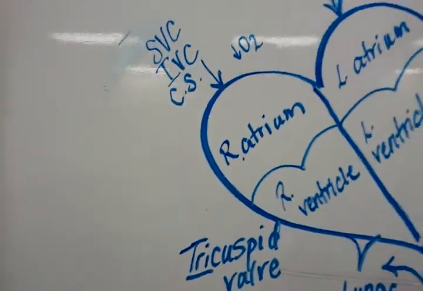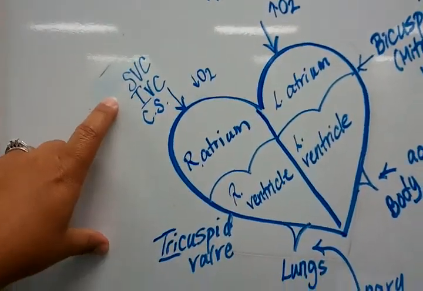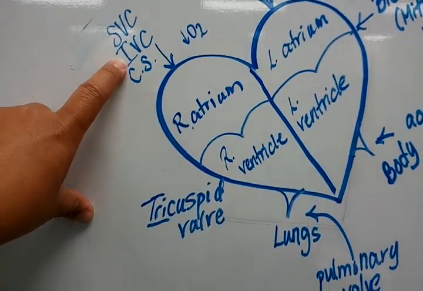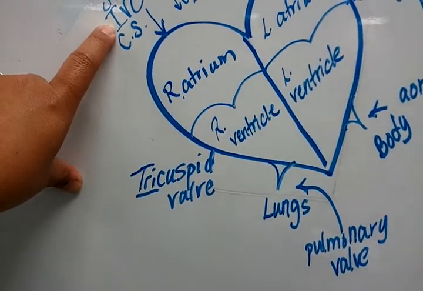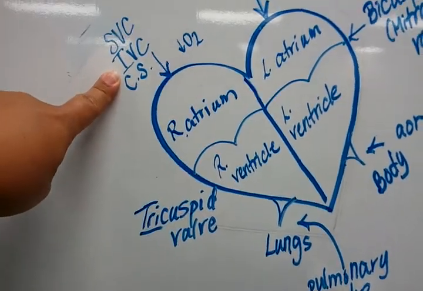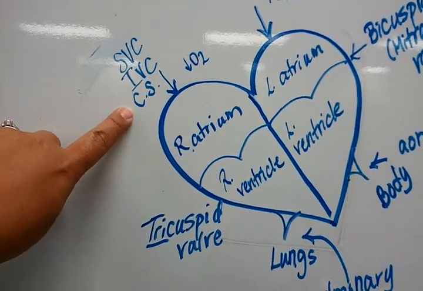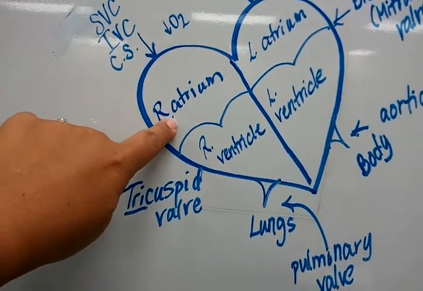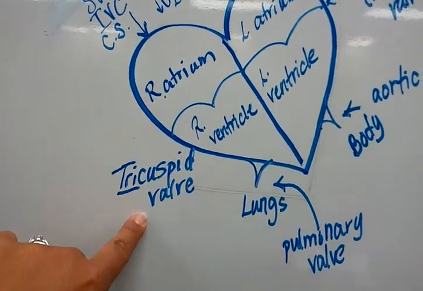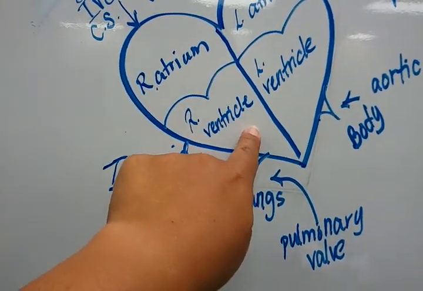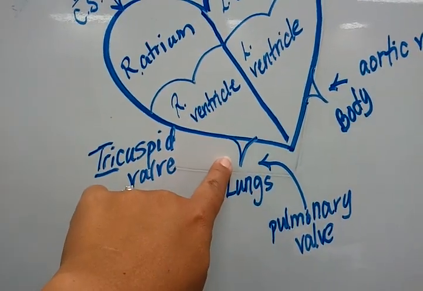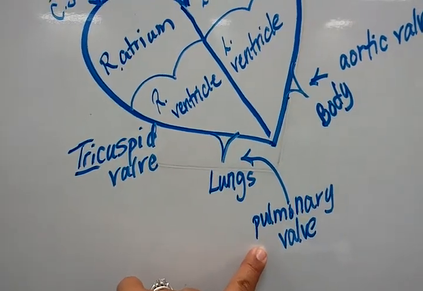Okay, so we have our used up blood coming from our superior vena cava from our upper extremities, inferior vena cava from our lower extremities, and our coronary sinuses from around our heart. It has low oxygen levels. Goes to our right atrium, through our tricuspid valve, to our right ventricle, and out to our lungs through our pulmonary valve.